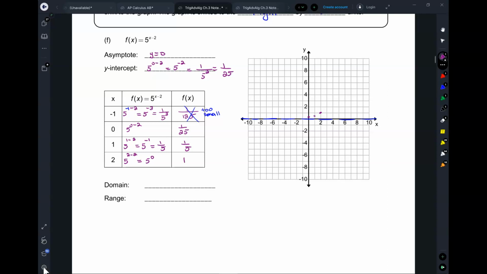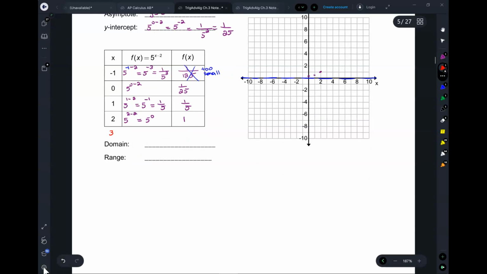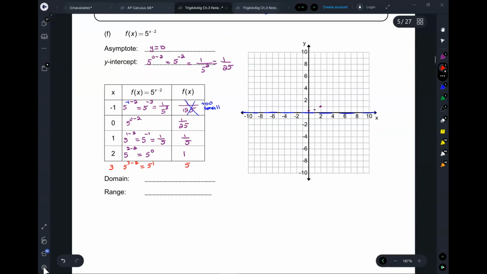See how the -1 was not a good one to use? You can just add another number here, like 3. So I get 5 to the 3 minus 2, which is 5 to the 1, which is 5. That's what I mean when I say you can modify that list as it suits you. Now that's a little bit better for me to graph. Do you guys see what I'm talking about?